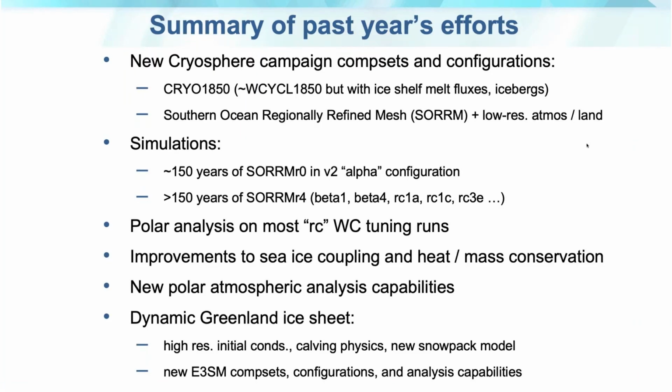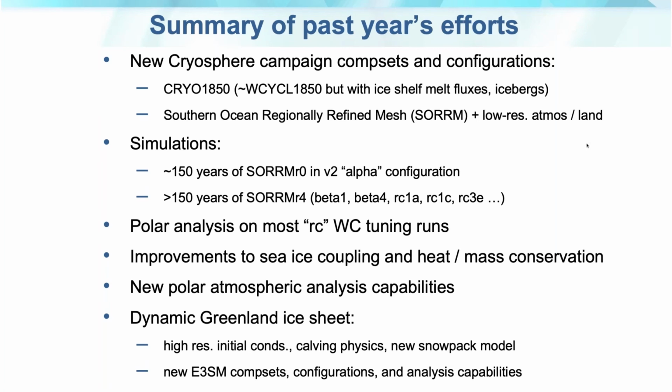This year's efforts, we spent a lot of time working on new comp sets and configurations in support of a variable resolution Southern Ocean regionally refined mesh. We have new comp sets and new grid configurations that work out of the box to support that.